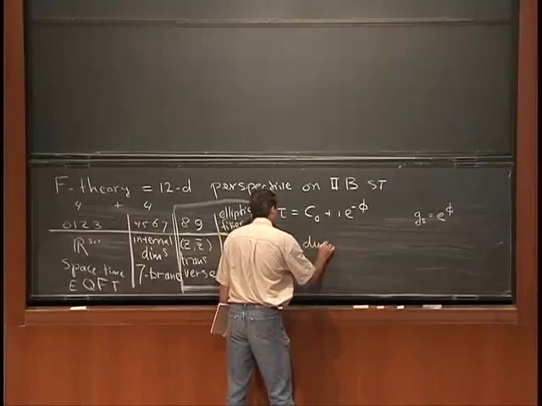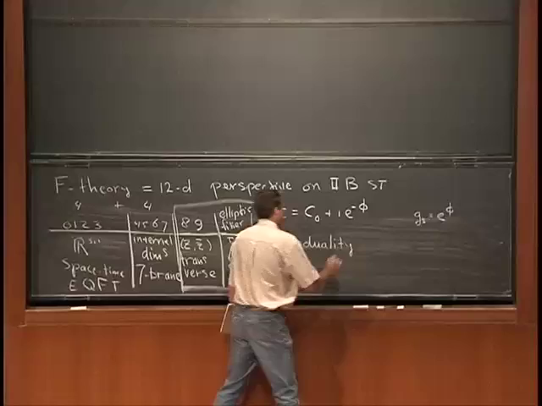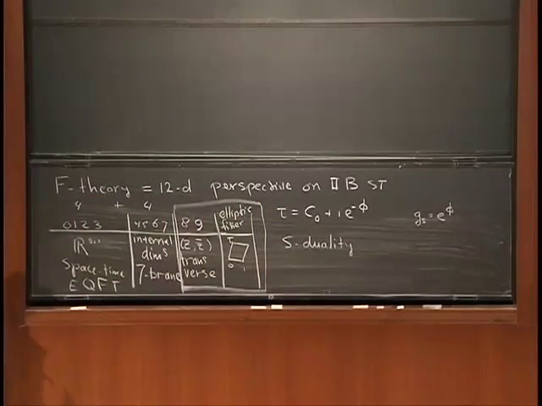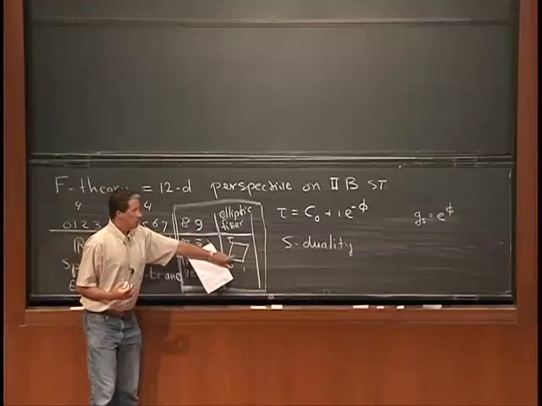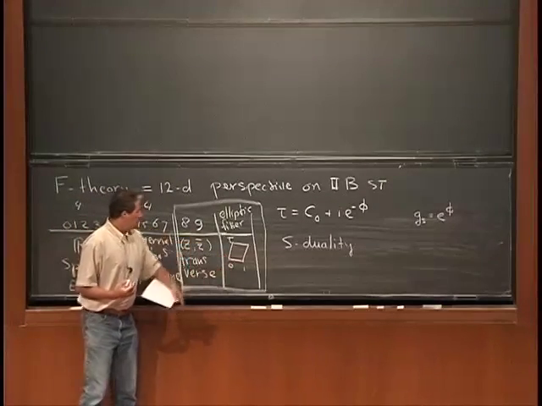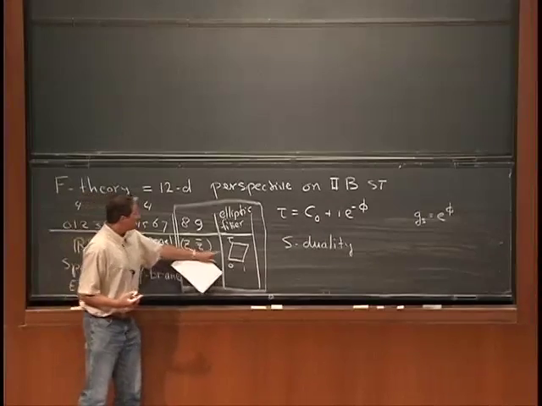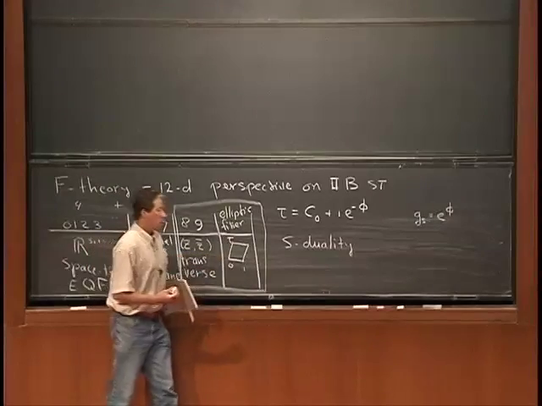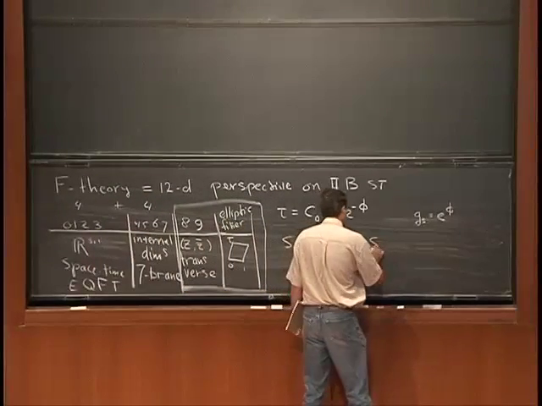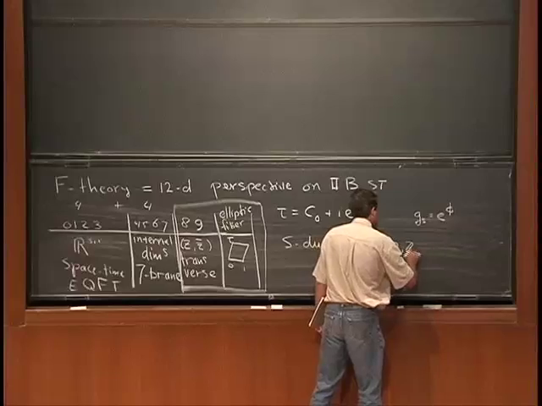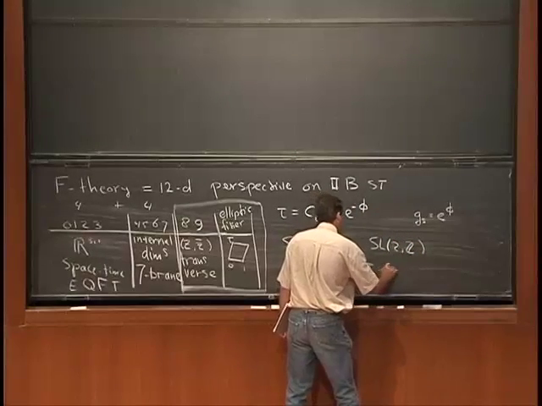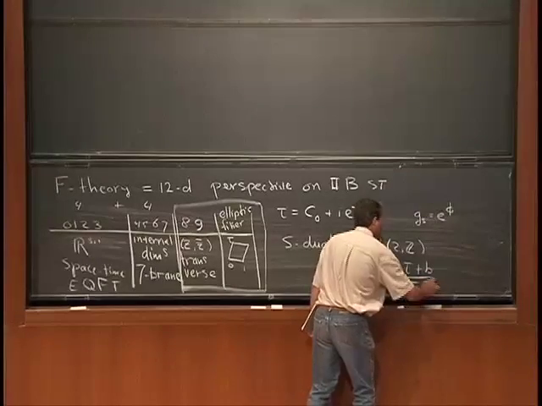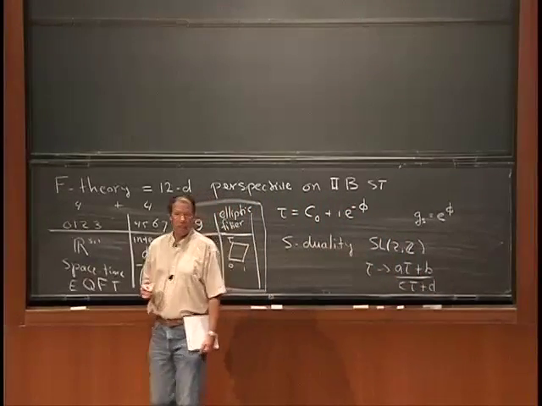One of the important tools that we'll be using is this notion of S-duality that has to do with the fact that the physics in the end should not depend on the way we parameterize this torus, and different parameterizations of that torus are associated with what we call SL(2,Z) transformations, where tau goes to (A tau plus B) over (C tau plus D), with A, B, C, and D integers.